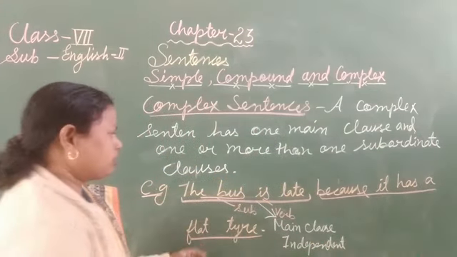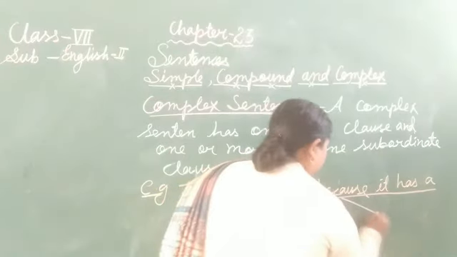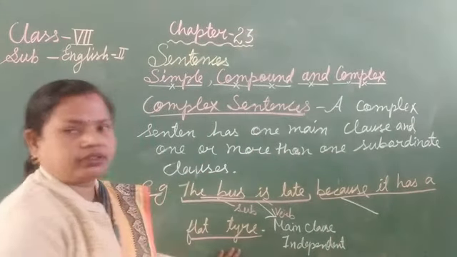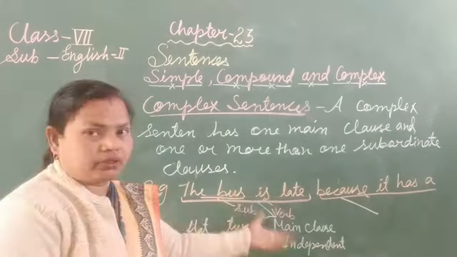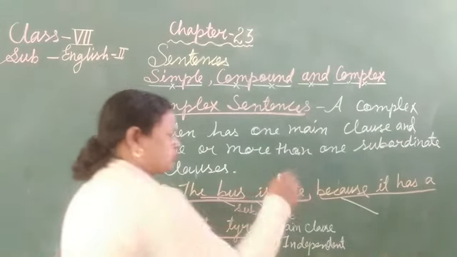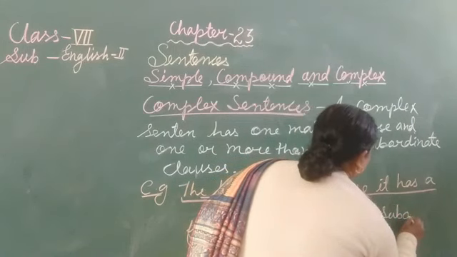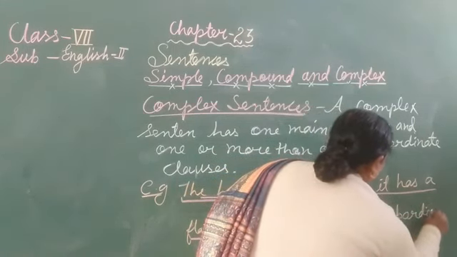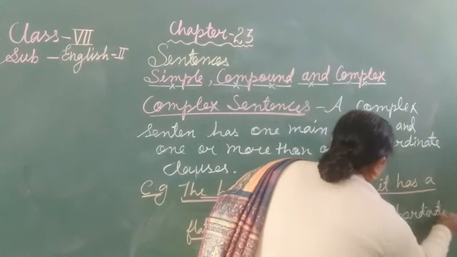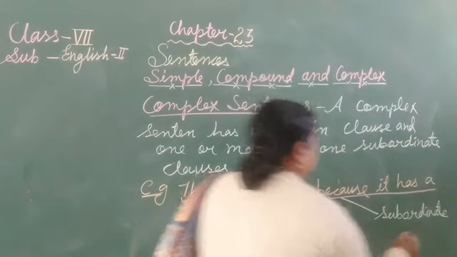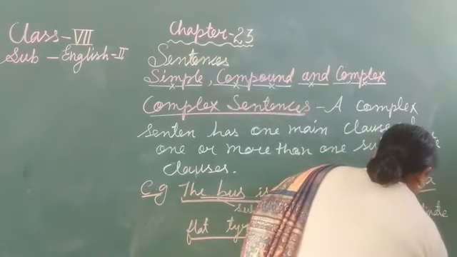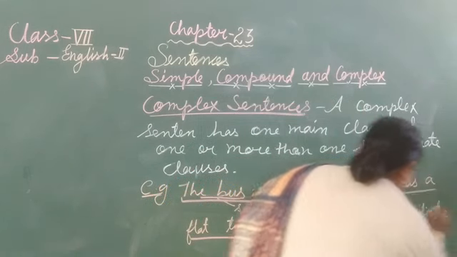And the second part, from because to flat tire, depends on the first, so it is called the subordinate clause, or you can say it is a dependent clause.